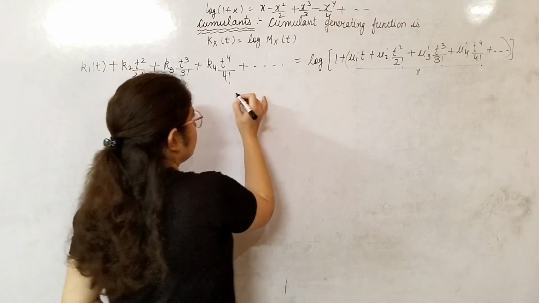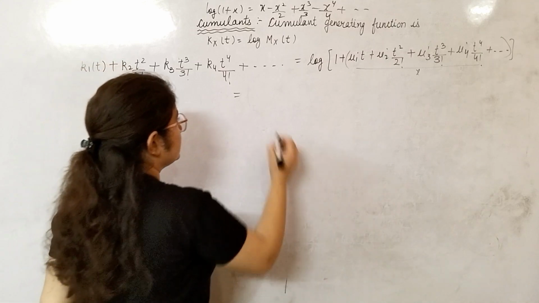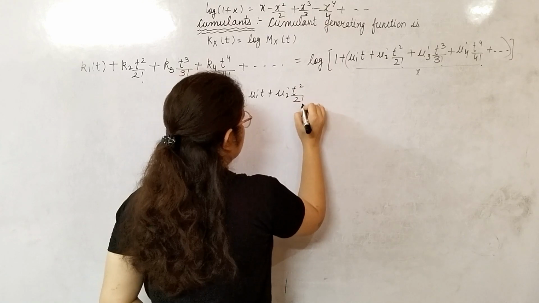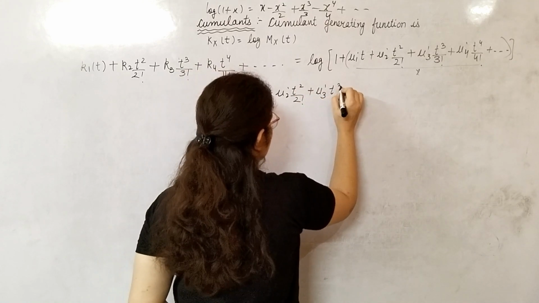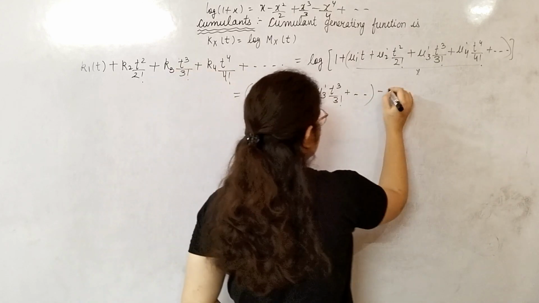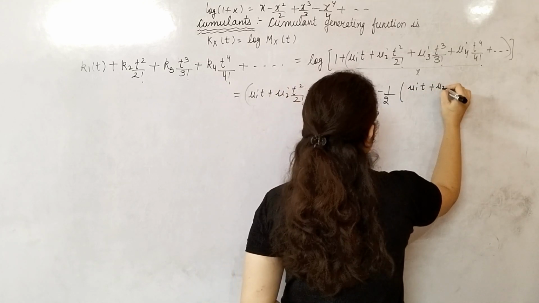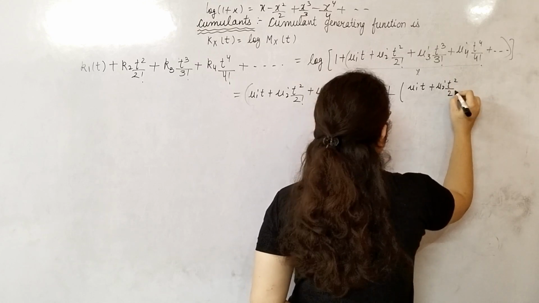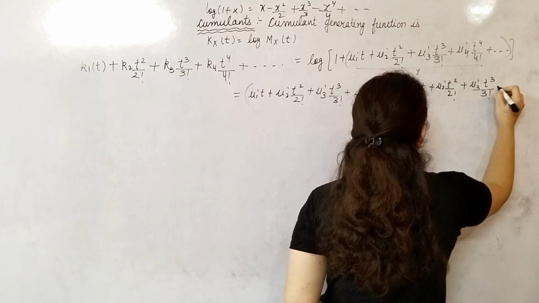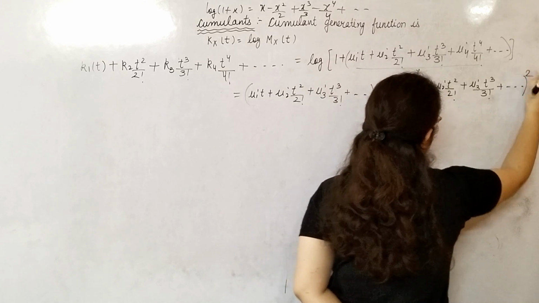So by using that formula, to remove this log, x is mu1 dash t plus mu2 dash t square by 2 factorial plus mu3 dash t cube by 3 factorial and so on, minus 1 upon 2 times x square, that is mu1 dash t plus mu2 dash t square by 2 factorial plus mu3 dash t cube by 3 factorial and so on, this complete thing whole squared.